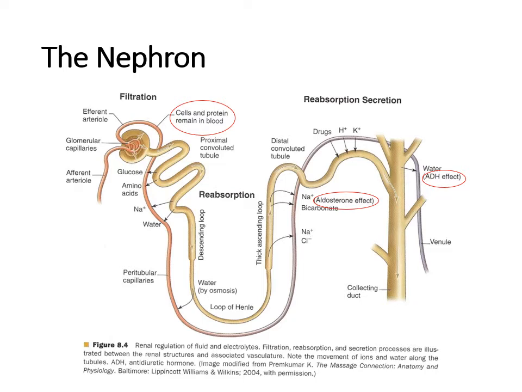Okay, and you'll see that when we're talking about diuretics, diuretics work at different parts of the nephron, and they will stop absorption of certain electrolytes, such as sodium. And when you stop reabsorption of sodium, water stays with sodium, and you get increased urine production, which we call diuresis.